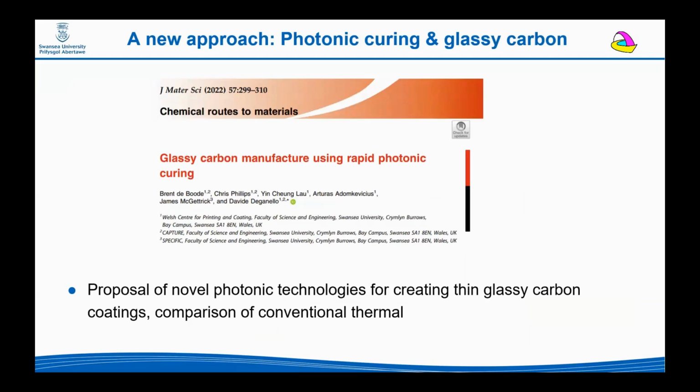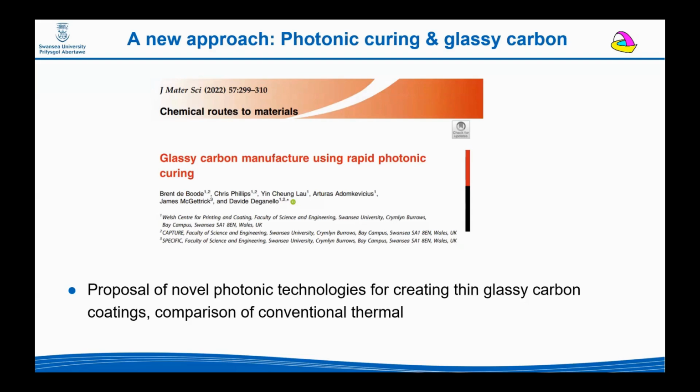But what is the beauty of research? It's exploring strange new alternatives. So what we've been working on is a new approach to generate glassy carbons. This was published in 2022, and it makes use of photonic curing. We use photonic curing for transforming the cured phenolic resin into glassy carbon.